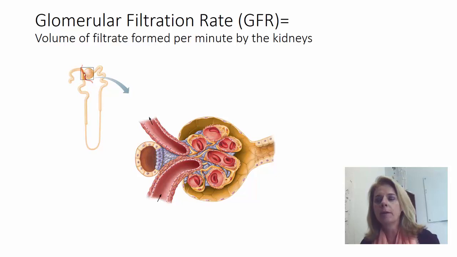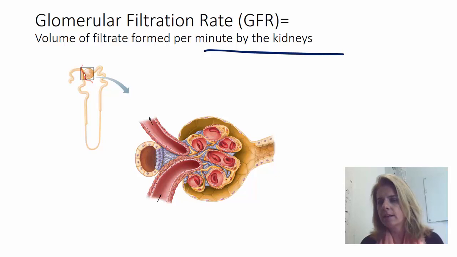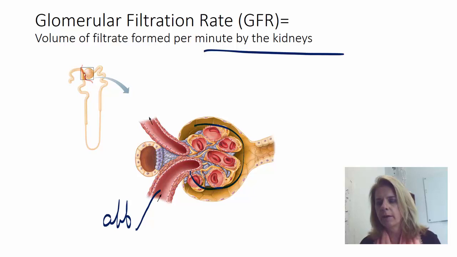Okay. So glomerular filtration rate is that volume of filtrate that's formed per minute by the kidneys. So if you have watched the first couple of lectures, you know that you have blood flow that comes in an afferent arteriole, correct? It goes into this glomerulus, which is a capillary bed. Around that capillary bed, you have these podocytes, which kind of form the filtration membrane, kind of the sieve.